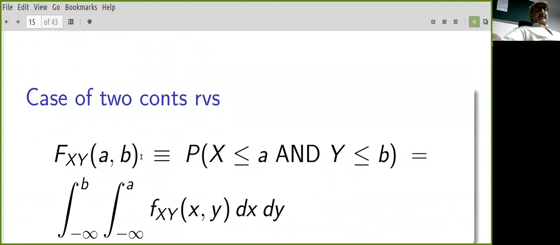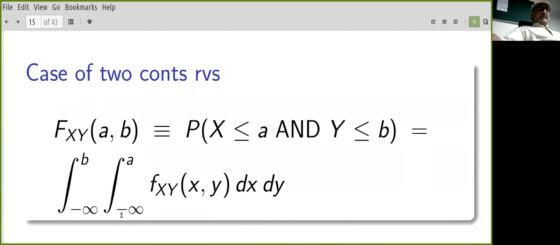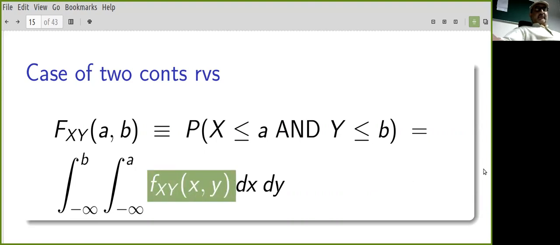F sub xy of a, b is defined to be the probability that X is less than or equal to a and Y is less than or equal to b. So that's the integral where x takes values from minus infinity to a, and y takes values from minus infinity to b, and you integrate the PDF over that region, which is an infinite rectangle.